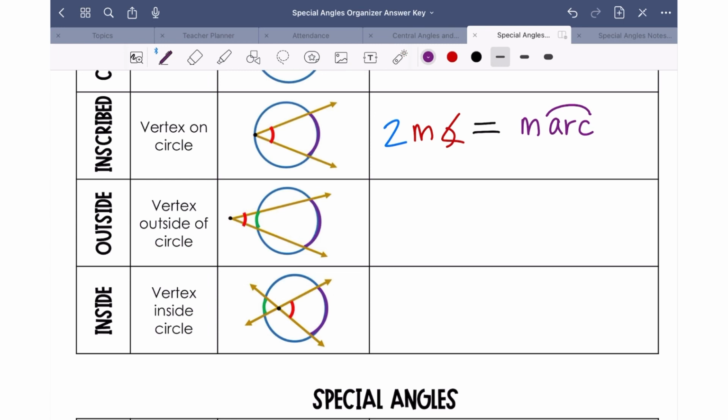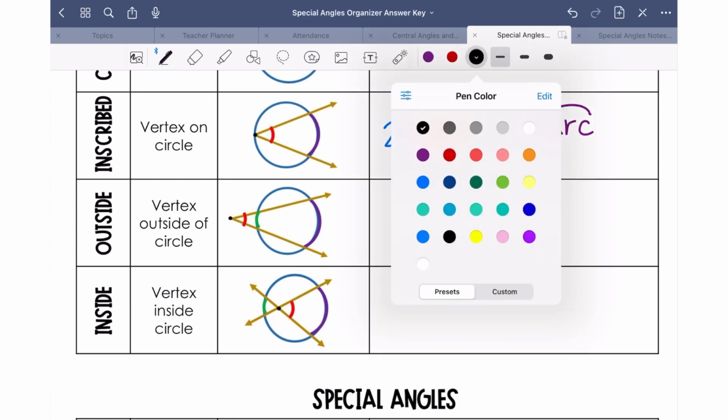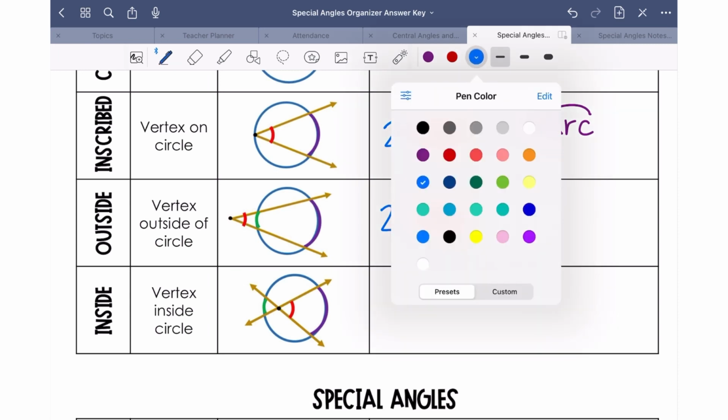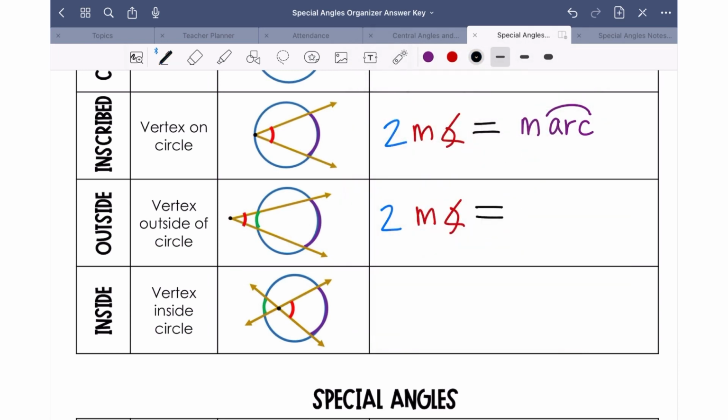And for this formula, it's going to look a little similar, but it's going to be 2 times the measure of the angle, again, is equal to the measure of the big arc. So the measure of the arc, and I'm going to put the word big here at the bottom.